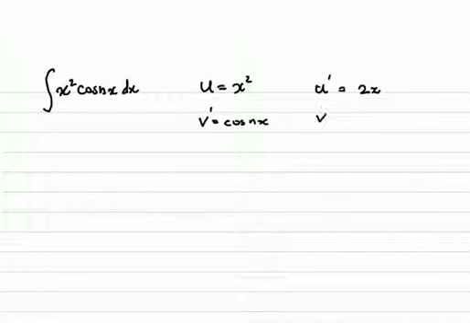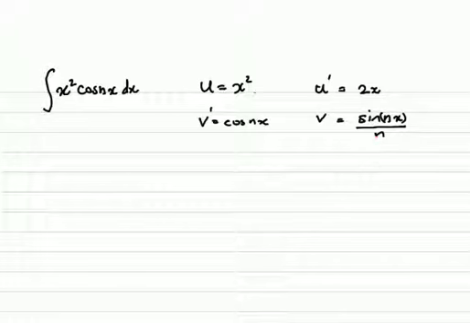So our choice must be u is equal to x squared, and then u prime would be equal to 2x, and our v prime is going to be equal to cos nx, and our v, which is the integral of that, is going to be sine nx divided by the derivative of the argument, which is n.